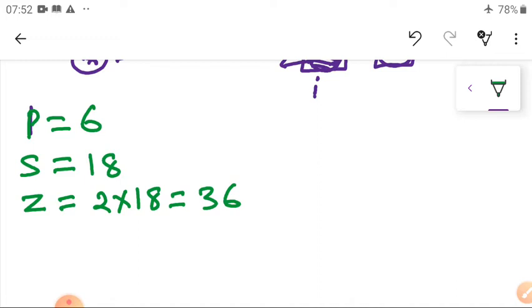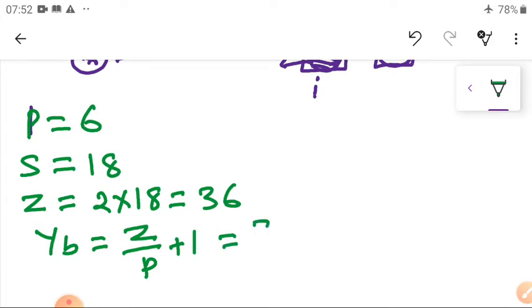Now I am going to calculate the back pitch YB. YB is equal to Z by P plus 1. Z is 36 by P is 6 poles, plus 1, that is 6 plus 1, which is 7.